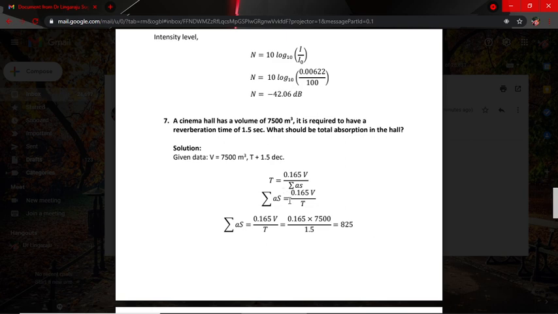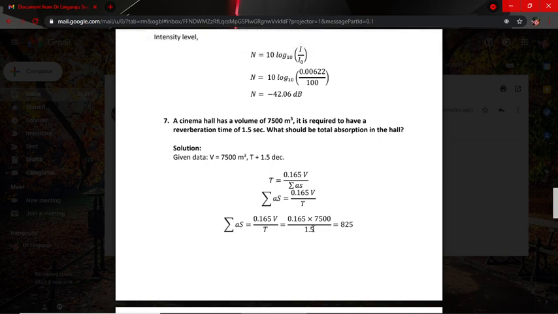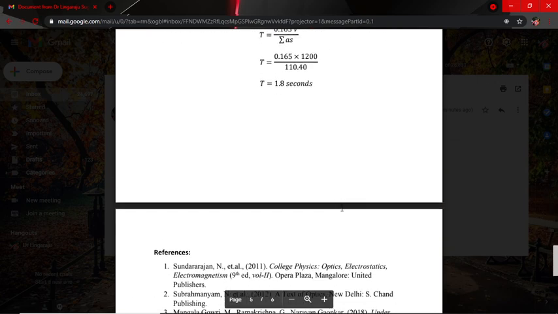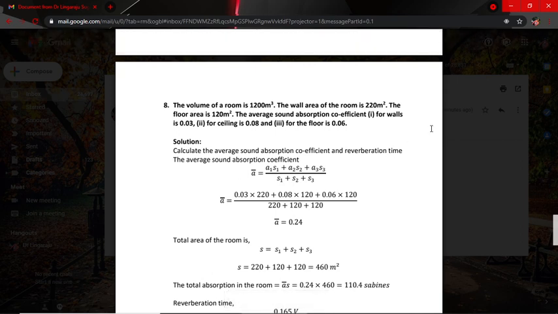Sigma of AS is equal to 0.165 V by T. Substitute the values: 0.165 into V, 7,500, by T, that is 1.5. If you calculate all these things, we are getting 828. 828 is the answer. So next is the last problem, the eighth problem.